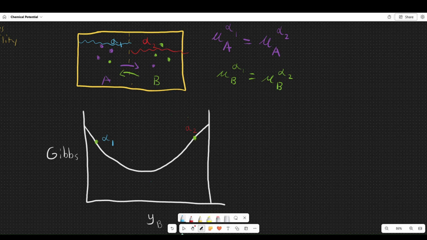And so the way you determine the chemical potentials is to take a tangential line.